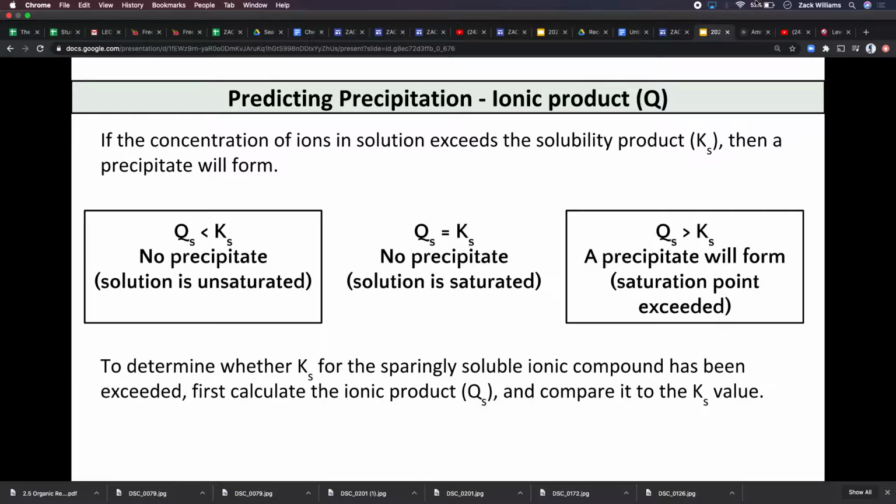It's always going to be larger or smaller, because when it's equal, there's nothing to do. And the maths for this topic is very easy. The ionic product, you're going to laugh in just a minute at how easy it is to calculate.